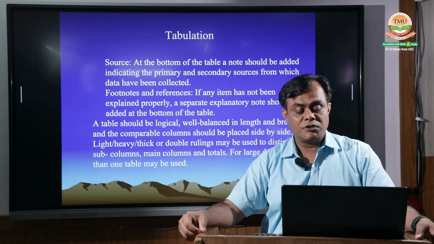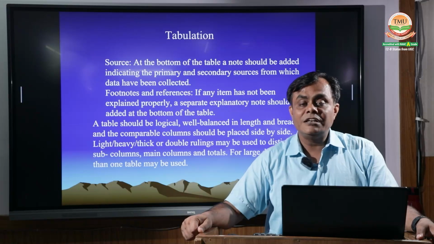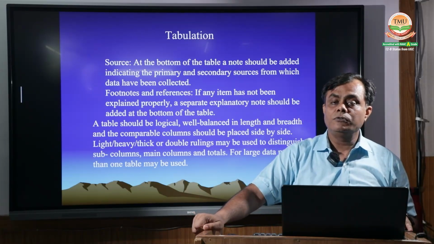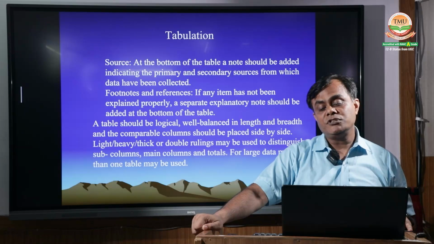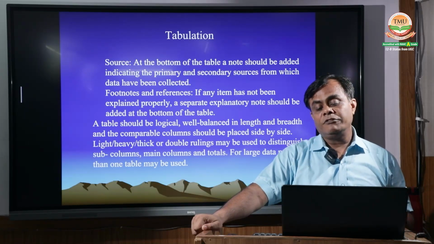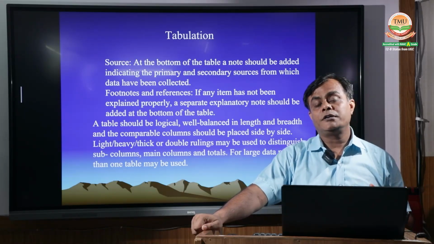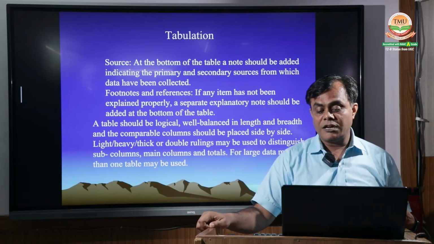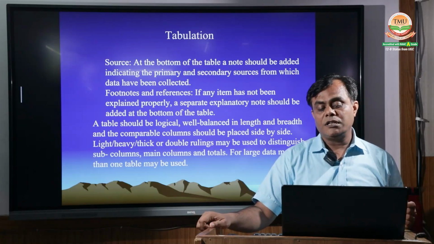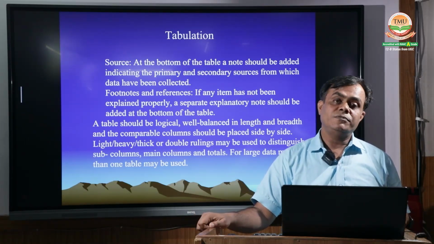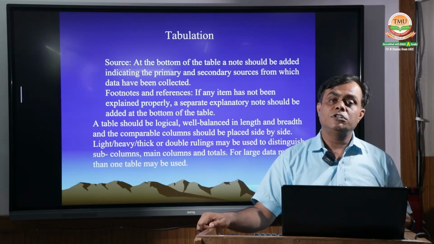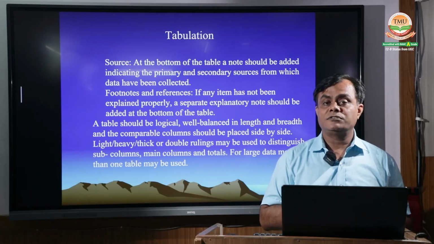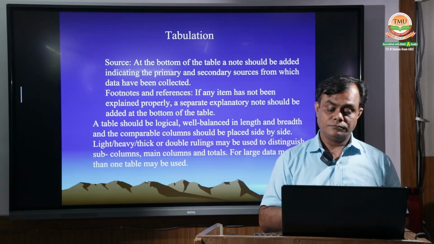So in that situation you can use light, heavy or thick lines or double ruling to differentiate the different columns in a more effective manner. For large data, more than one table may be used. So sometimes we have to use more than one table when the data size is very large.